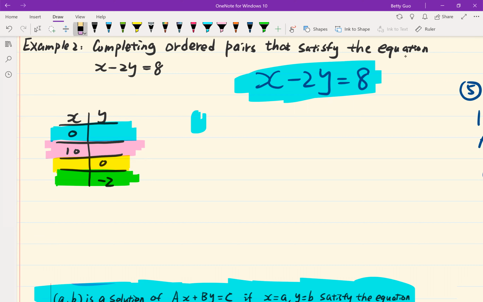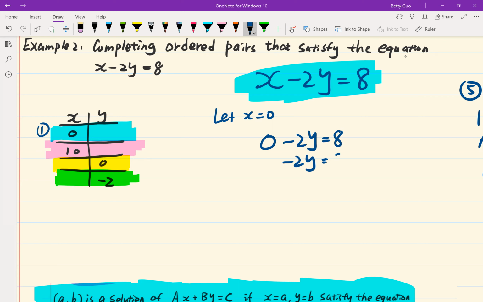Number 1, we let x be 0. So we plug in x equals 0. 0 minus 2y equals 8. So that is negative 2y equals 8. Divide both sides by negative 2. Y equals negative 4, right? So the corresponding y value is negative 4.